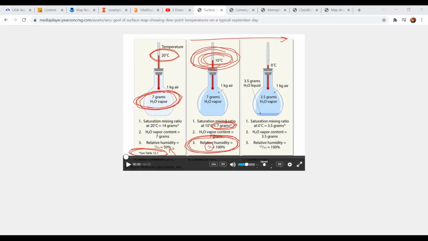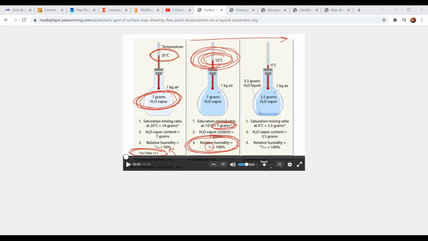This vapor pressure then is going to increase as more and more water molecules convert into water vapor, but then it starts to press them back into a liquid. So you get this cycle.